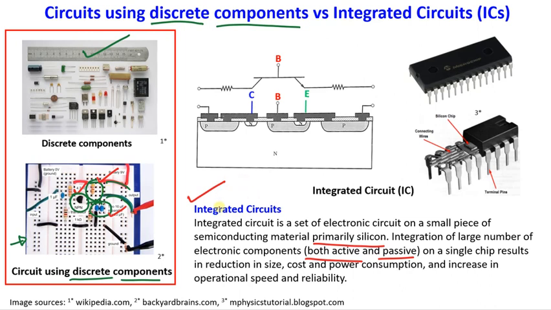I am reading from here. You see, an integrated circuit is a set of electronic circuits on a small piece of semiconducting material, primarily silicon. So integration of a large number of electronic components, both active and passive, on a single chip results in a reduction in size, cost and power consumption.